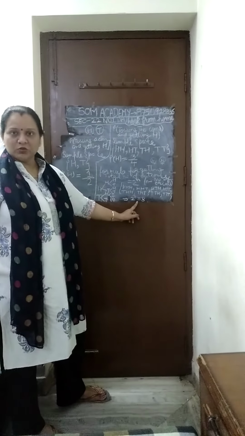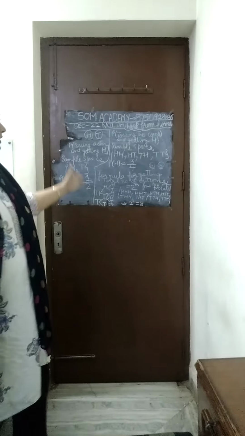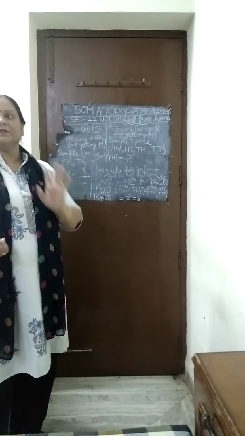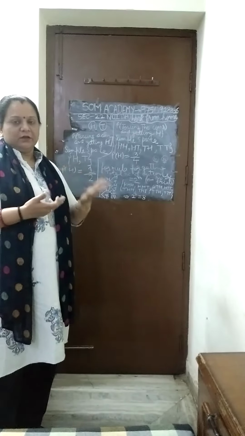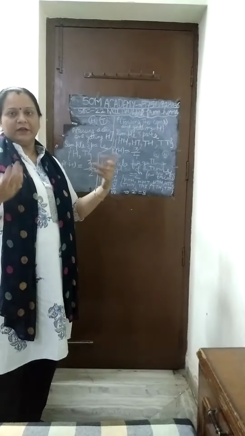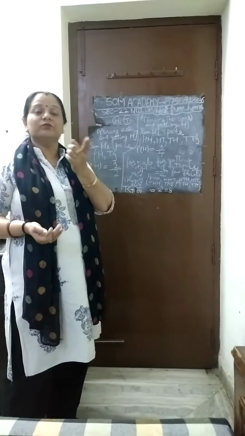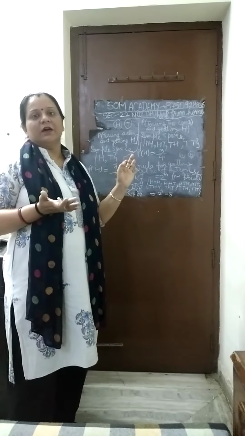The formula is very much true. So this is all about your favorable number of outcomes and sample space. You can have so many types of questions. 3 types of questions are very much in your exams that are repeated every session. First you have the coin questions. Second you have throwing of dice. And third the playing cards.